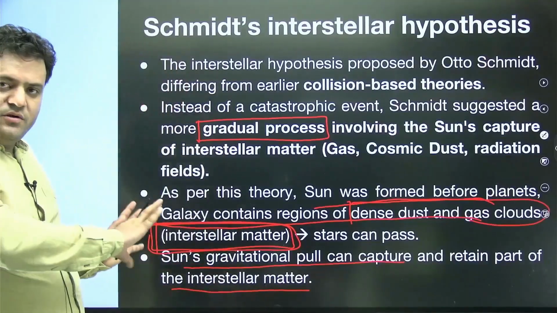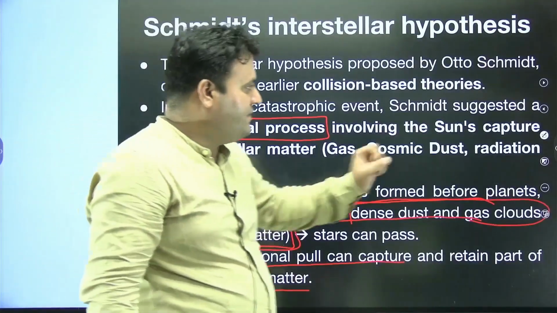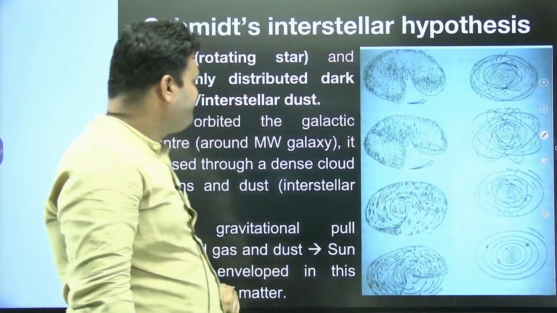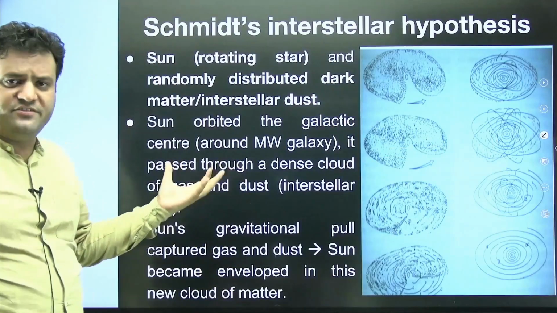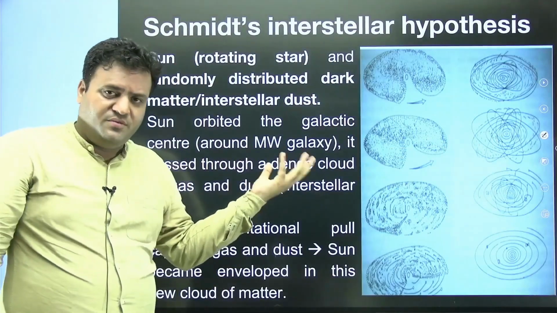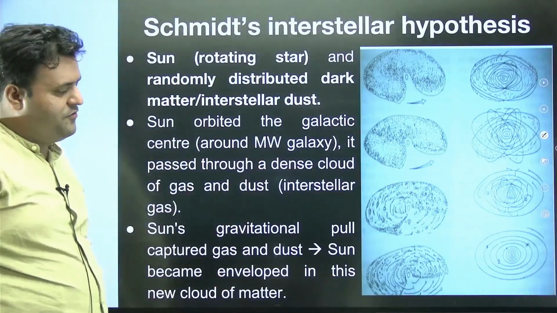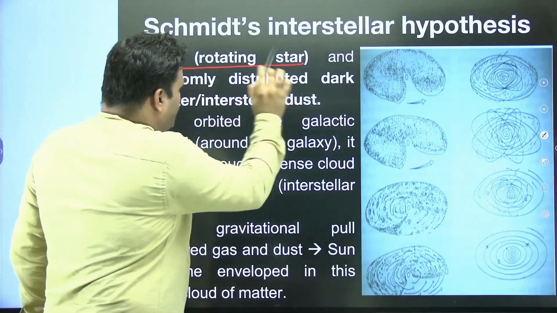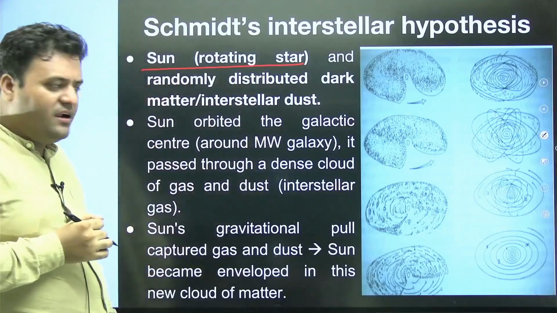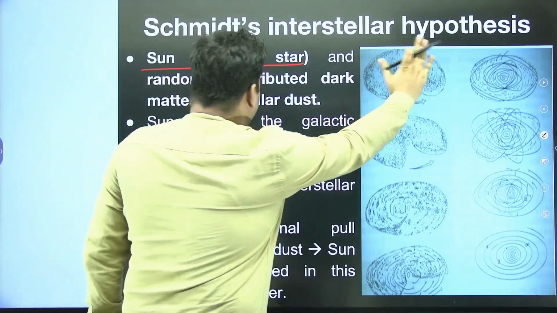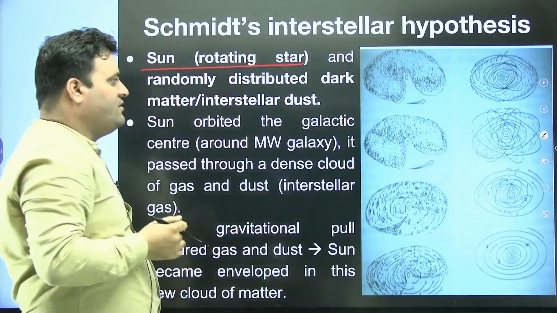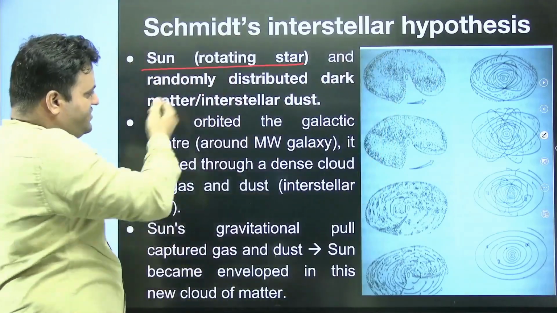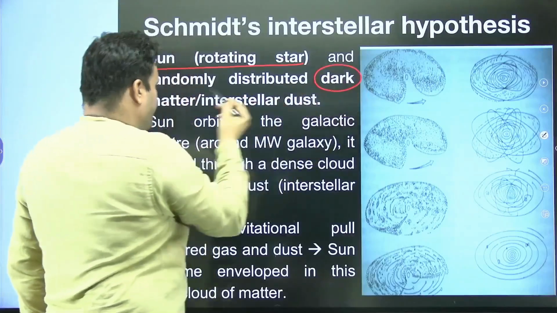Now let's take a deep dive into this. First of all, as you know, the sun was formed way before the rest of the planets. So there was a sun, especially a rotating sun, and there was randomly distributed interstellar dust or interstellar material, which is also known as dark matter.